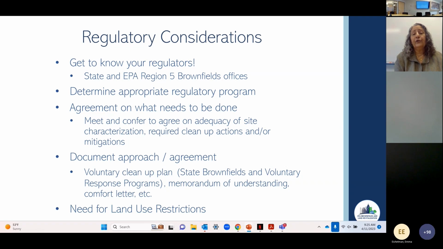You also need to know very early on if there's going to be any land use restrictions at the property. Again, before you buy, you need to know if that cleanup approach is going to result in a capping or containment strategy.